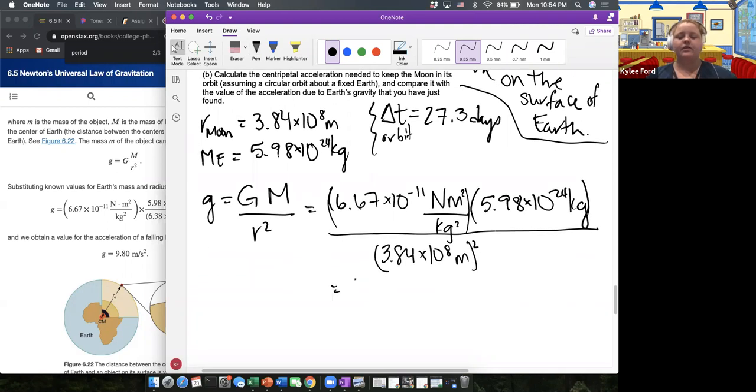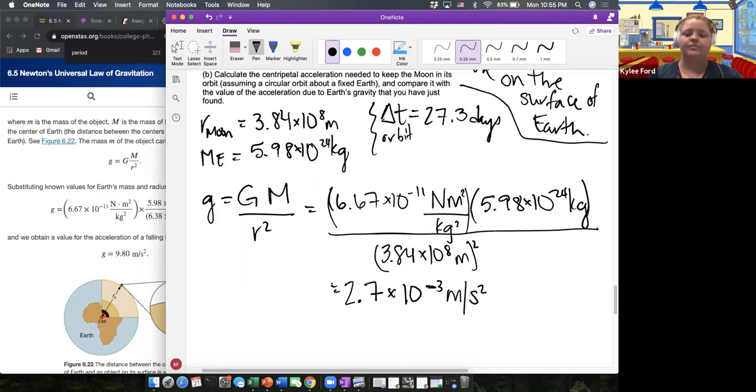Okay, so we can plug that into a calculator. And I get 2.7 times 10 to the negative 3 meters per second squared.